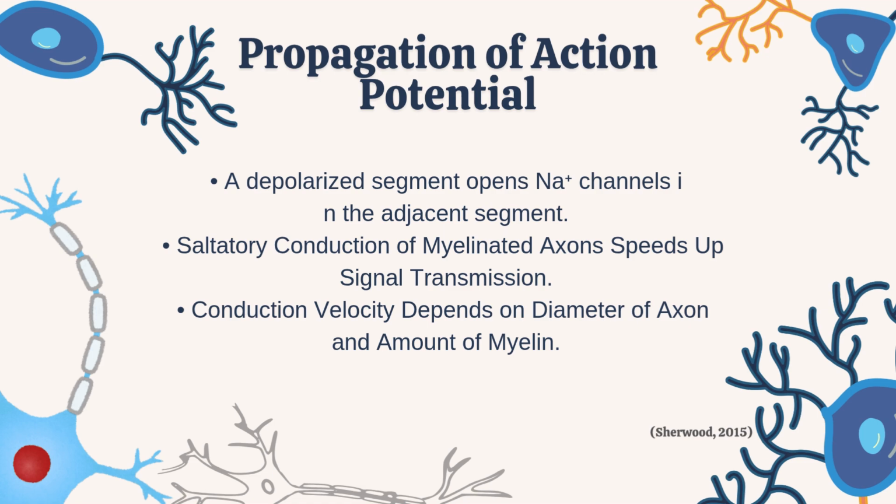That jumping can reach speeds up to about 120 meters per second. Diseases like multiple sclerosis damage myelin and show how structural changes can slow or block signals entirely.